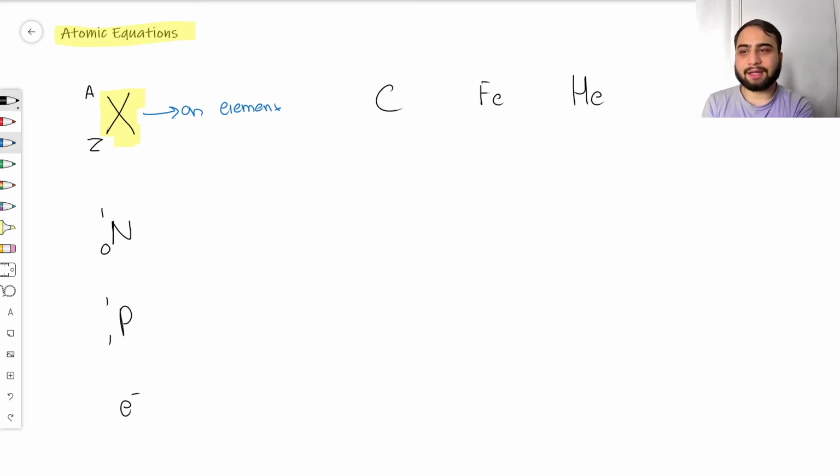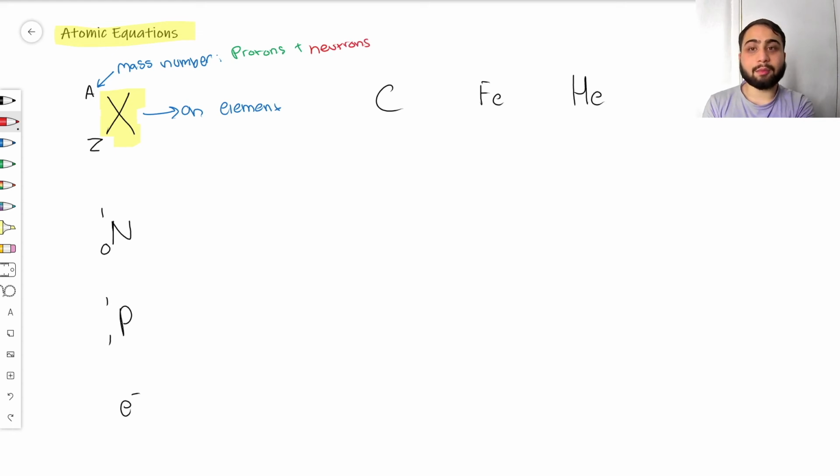Then we have this little A on top. This A is the mass number. This really just tells you how heavy the overall atom actually is. The mass number is made up of both the number of protons plus the number of neutrons.